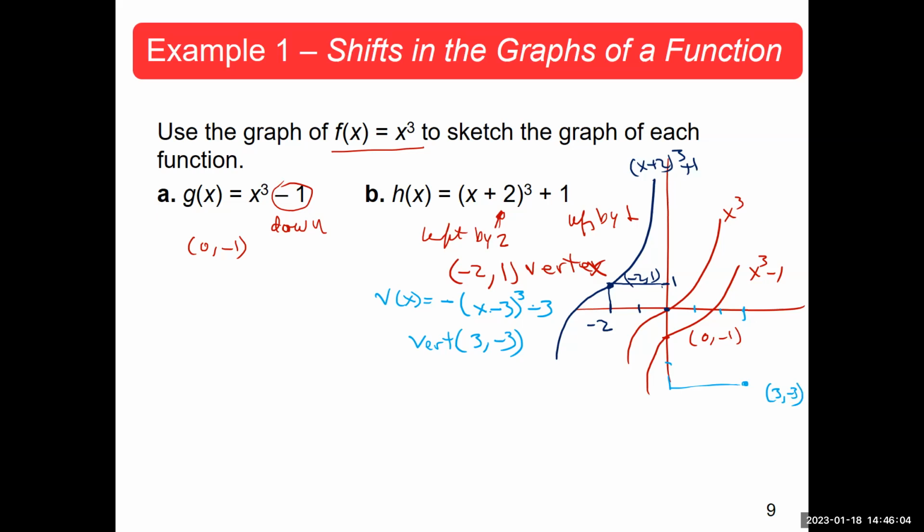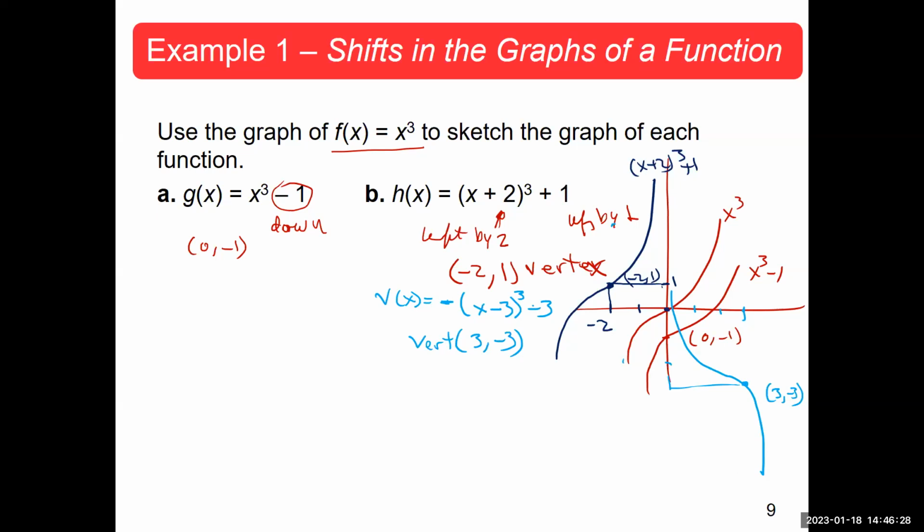Well, how do I draw it? Because I have a negative, it should be a reflection. So what happened? This point is going to flip to here, and the bottom one flips to the other side. So basically, you do it this way. That's the reflection.